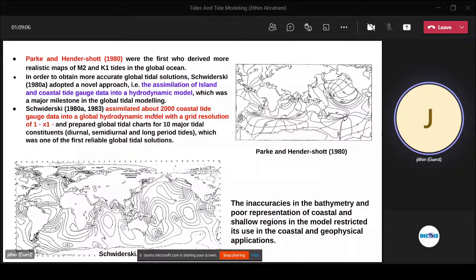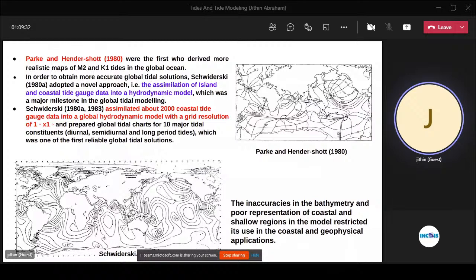He assimilated about 2000 coastal tide gauge records into a global hydrodynamic model with a grid resolution of about 1 degree, and prepared global charts for 10 major tidal constituents, including diurnal, semidiurnal, and long period tides. These were the first reliable global tidal solutions from numerical models.